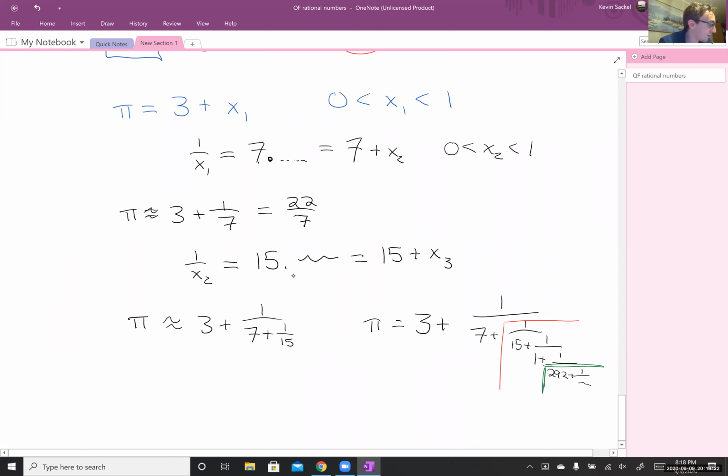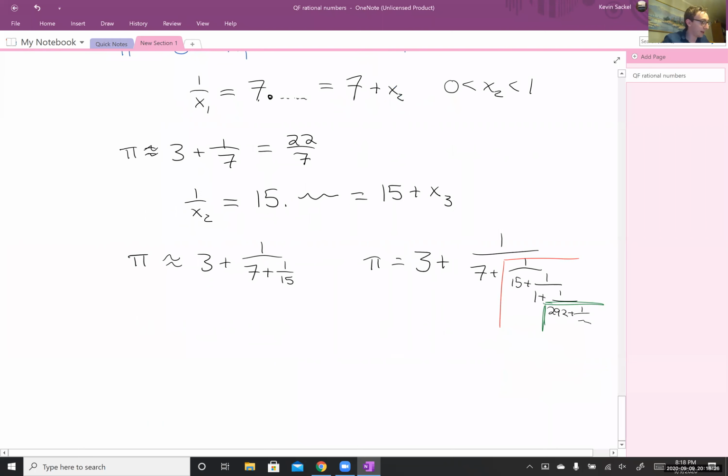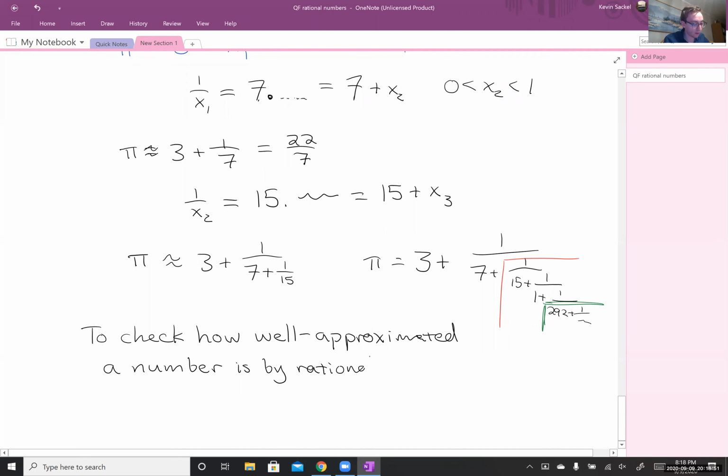And the statement that I want to make, I know I'm running out of time, so I want to get to the punchline, is that to check how well approximated a number is by rationals, it actually suffices just to check how good these continued fractions that you get, called Diophantine approximations, are.